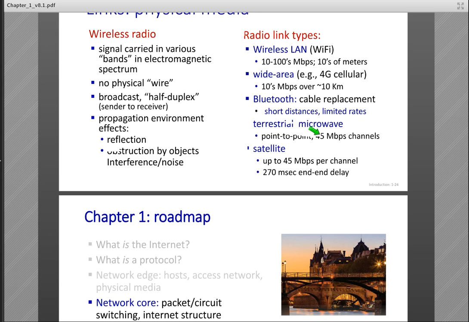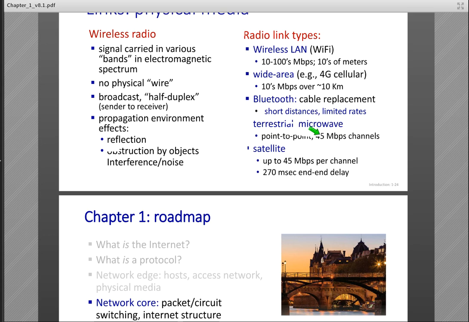And also the rate of Bluetooth networks is very low. Another type is terrestrial microwave and satellite. These two types are similar, but terrestrial microwave is mounted on the Earth, but satellite is placed in the sky. Okay, this is the difference between them.